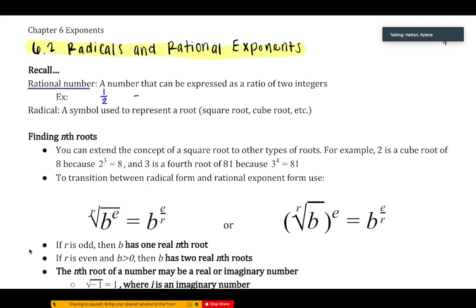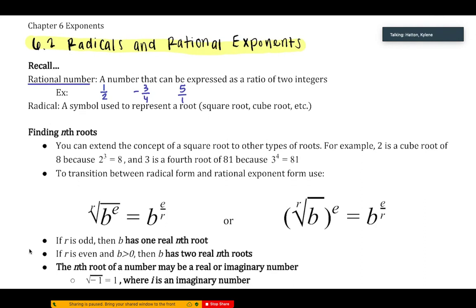Or like negative 3/4. Technically, any whole number is also a rational number because, say I have the number 5, I can write that as 5/1, or any decimal that terminates or ends can be written as a rational number as well. But for the purpose of this section, it basically just means fraction.